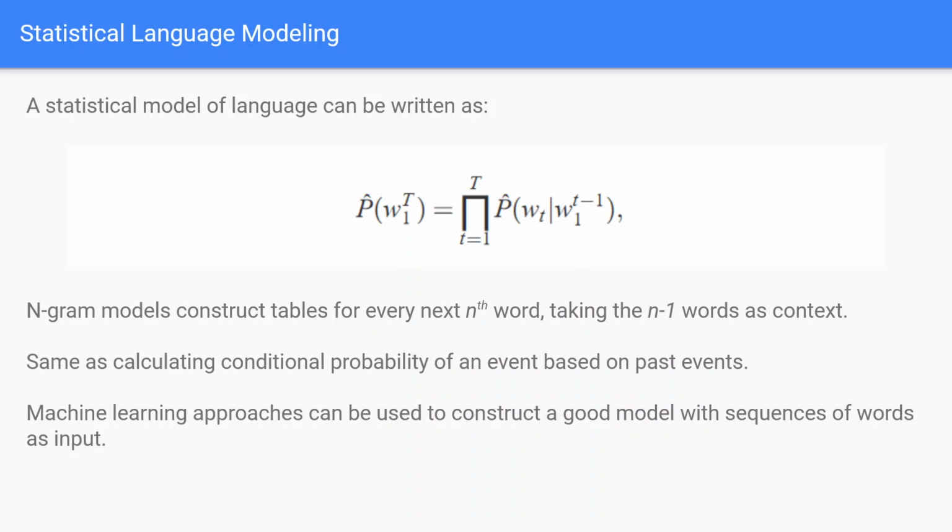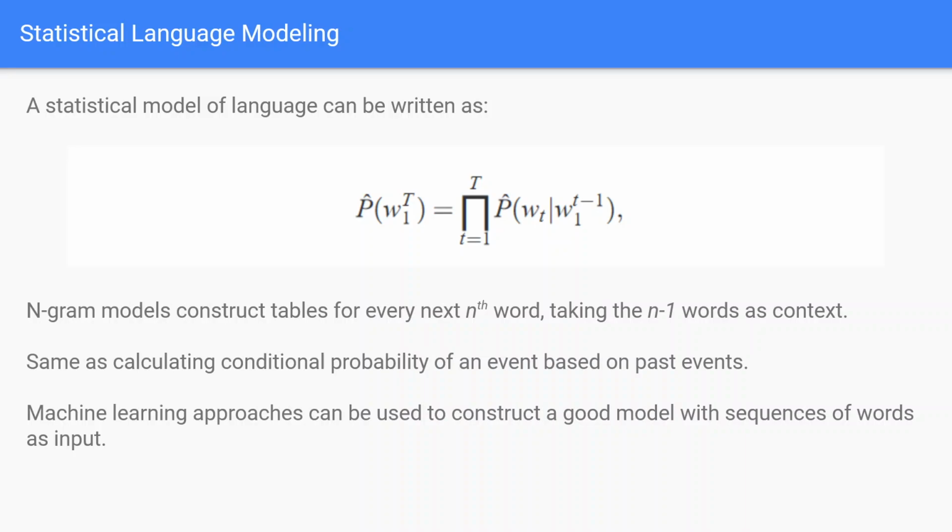Given some past events, we are calculating the next event. We are calculating the probability of this word occurring given that these other words occurred before it. So, since this factors in context, this is a good way to go for constructing a language model.